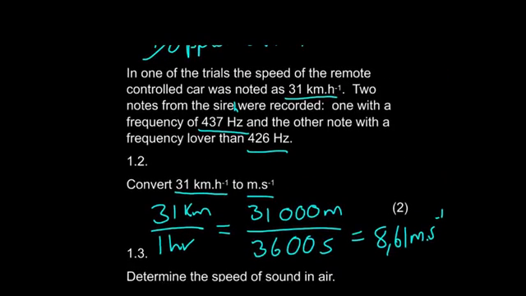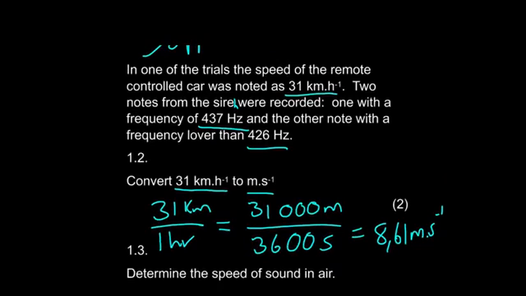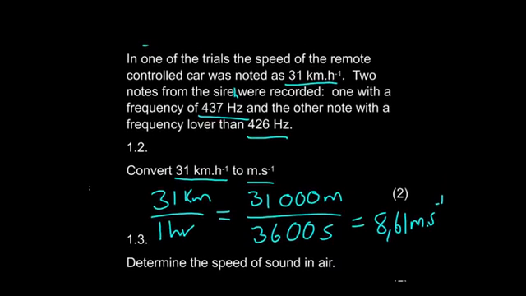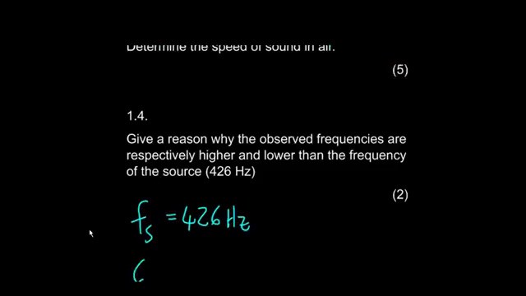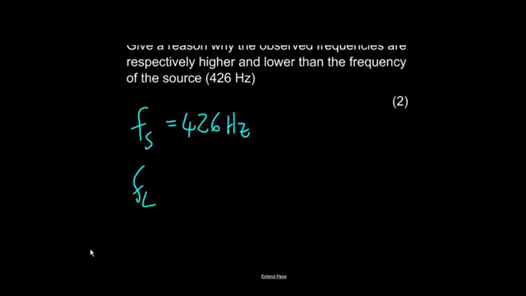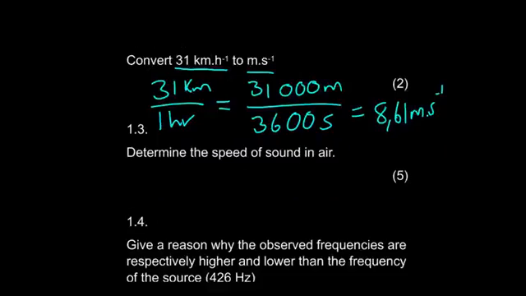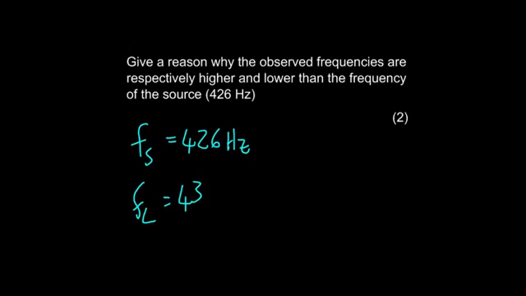I must use the one that's different to the frequency of the source as the frequency of the observer. So 437 hertz. Now notice that this one is higher. So already I can say that the car from the diagram was moving towards.